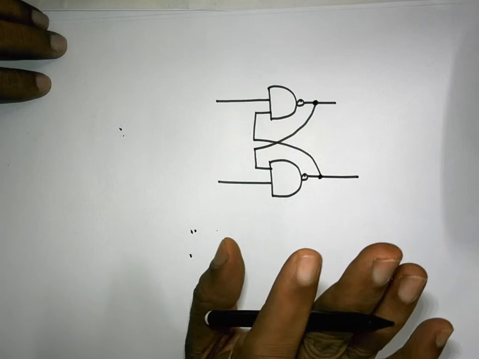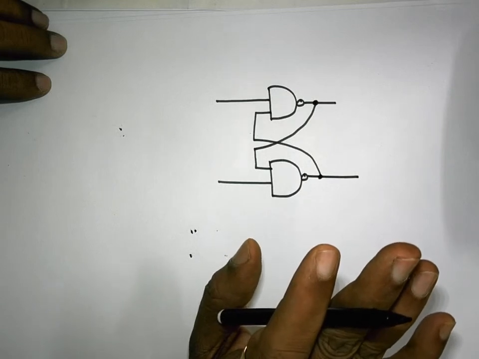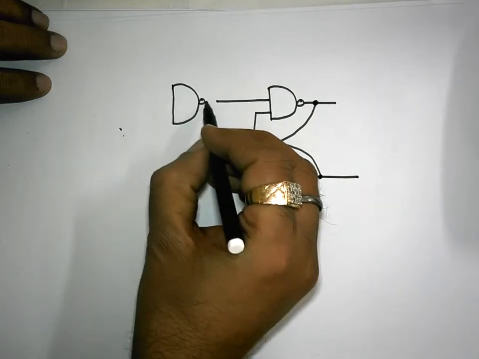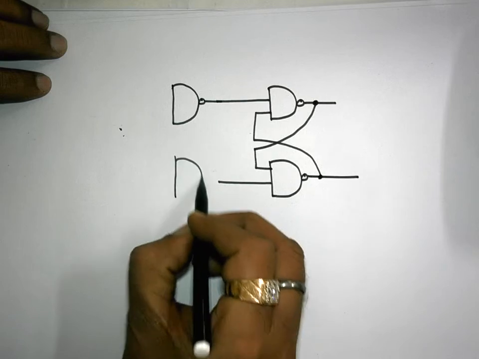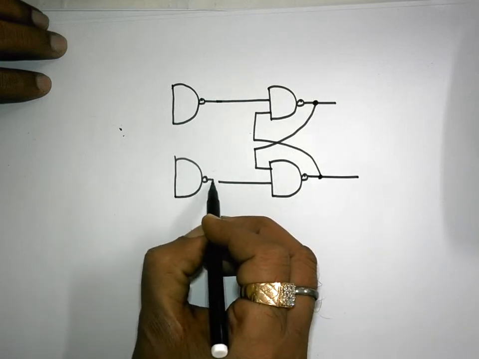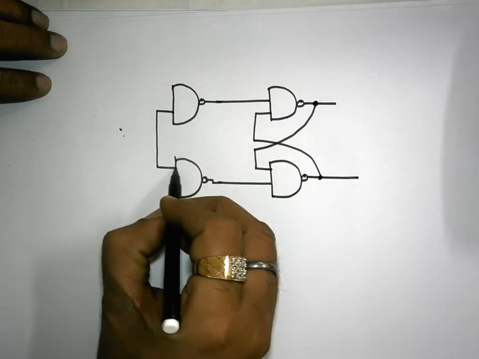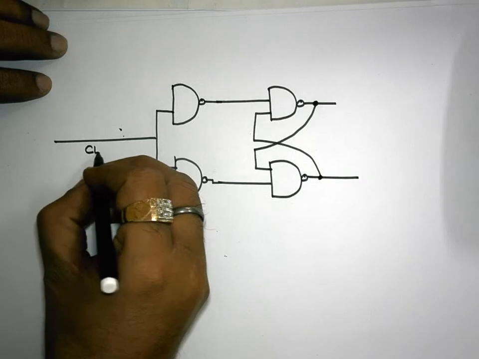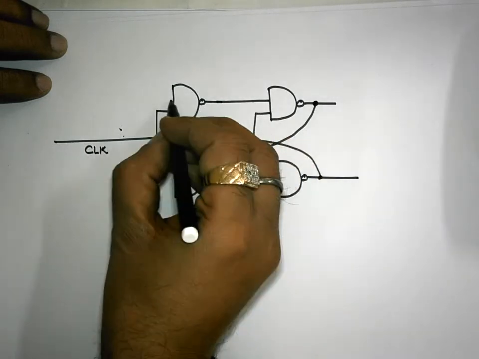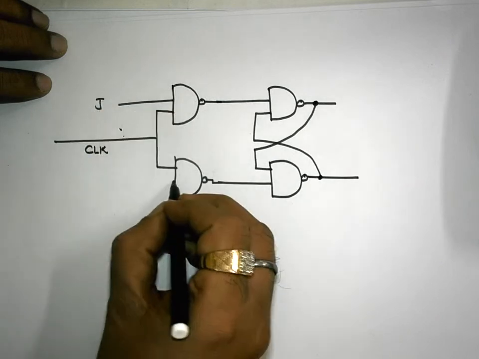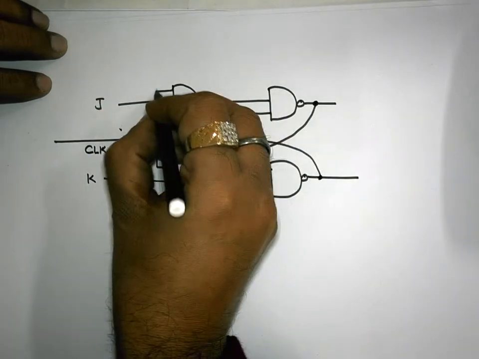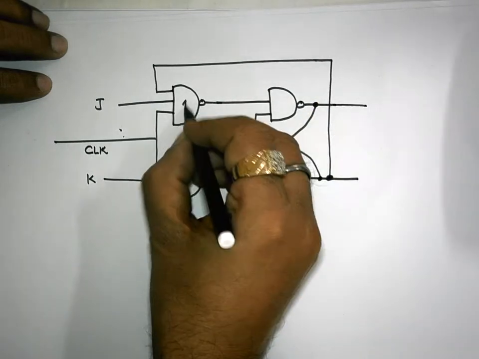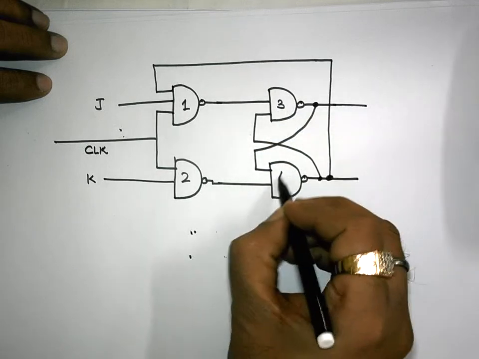The SR latch will always be there. And this is now the steering input. Clock is being applied over here. This is J, this is K, and you can name the gates as gate number 1, gate number 2, gate number 3 and gate number 4.